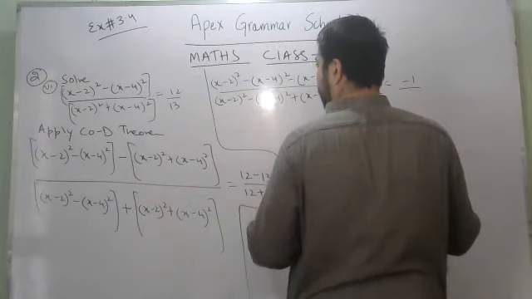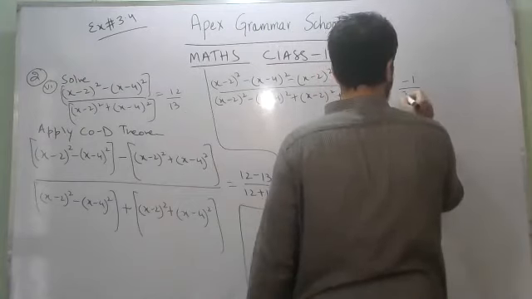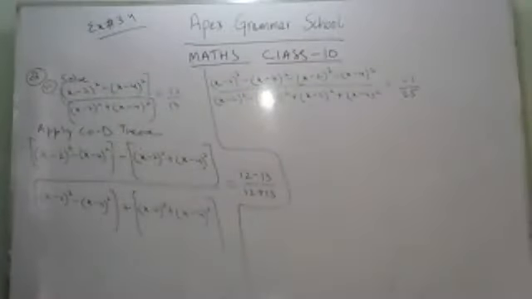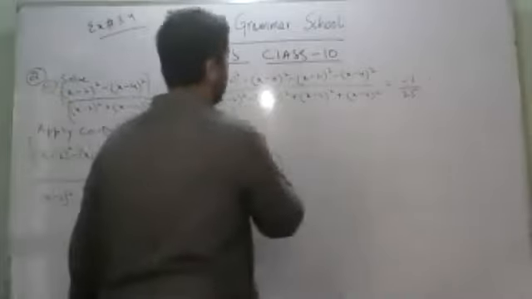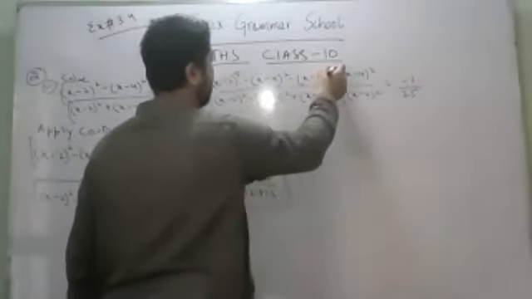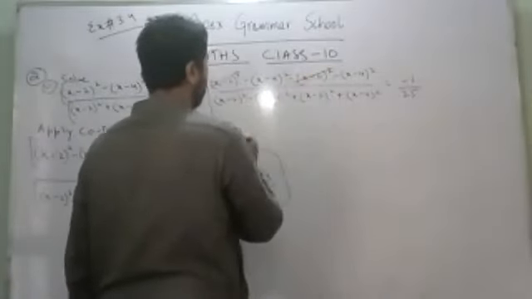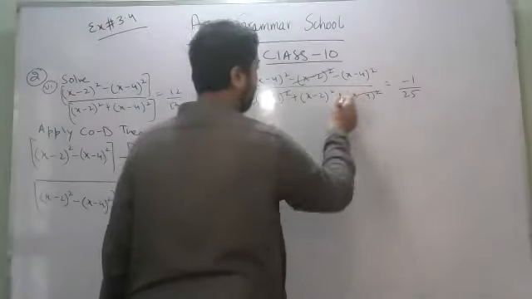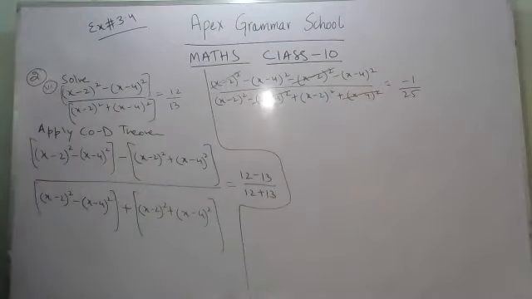And 12 plus 13, answer is 25. So (x minus 2) whole square cancels with this negative (x minus 2) whole square positive, and this (x minus 4) whole square and this positive (x minus 4) whole square will change these signs.